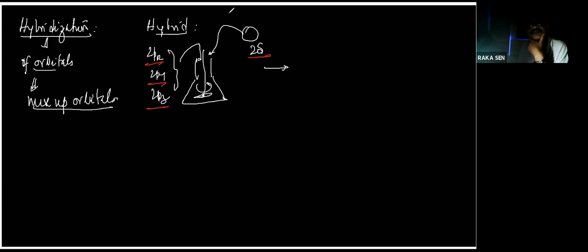I am going to take out 4 orbitals now. 1, 2, 3, 4. Now, all of them will be having properties of both s and p, because you have put the s character and also the character of p orbital out here. So all these 4 orbitals will now be having both the character of s and p.